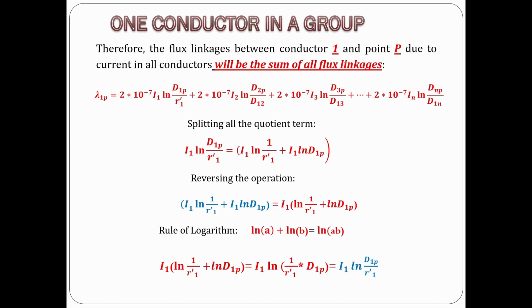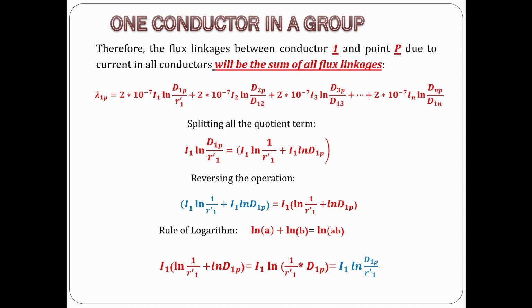In the previous slide, we already determined the flux linkage between conductor number 1 and point P due to current of each conductor. Therefore, the flux linkage between conductor number 1 and point P due to current in all conductors will be the sum of all flux linkages.